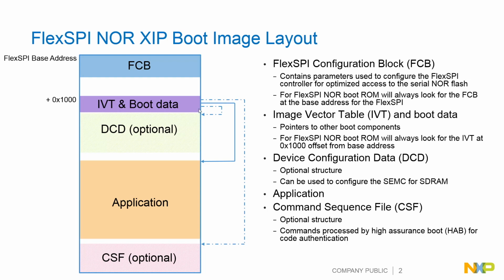You can also have pointers to an optional CSF block within your IVT. This is your command sequence file, which is an optional structure that is used when booting authenticated code using the ROM's HAB functionality. The required pointer you need in your IVT and boot data is your pointer to your actual application, as shown here.